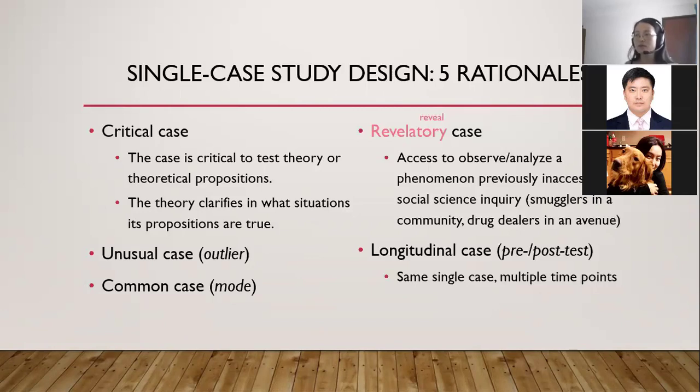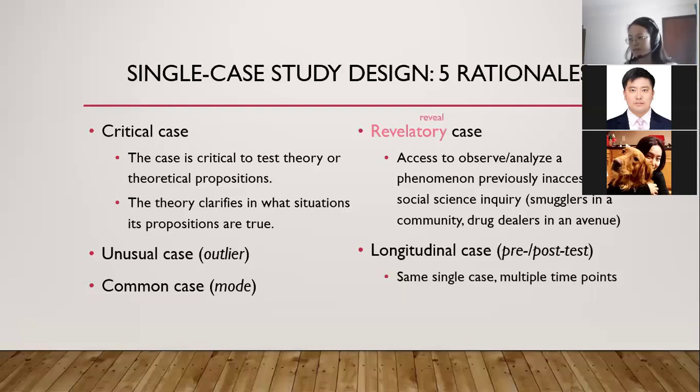So I use some quantitative concepts so that you understand what is unusual case. So basically like an outlier. It's very different from other cases, unusual. Common case is like the most frequently appearing case, very representative of the whole sample, I would say, mode.